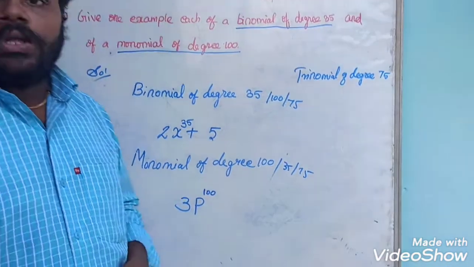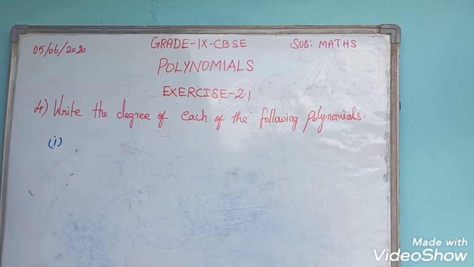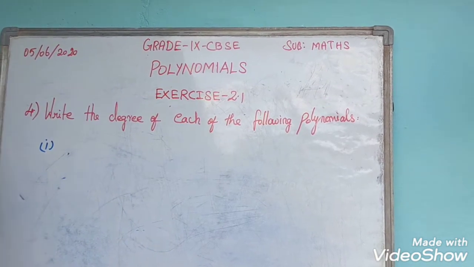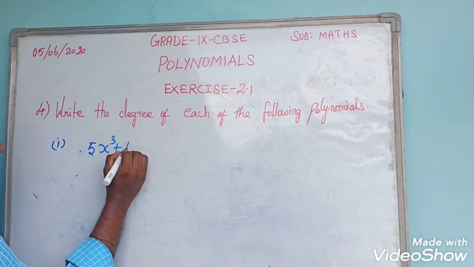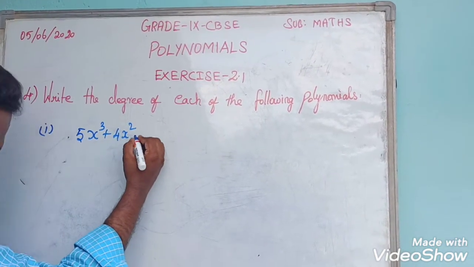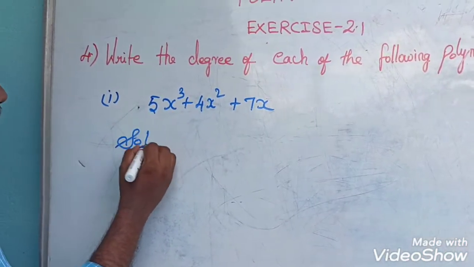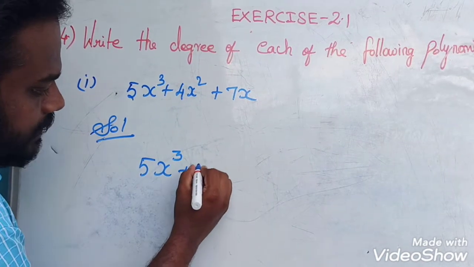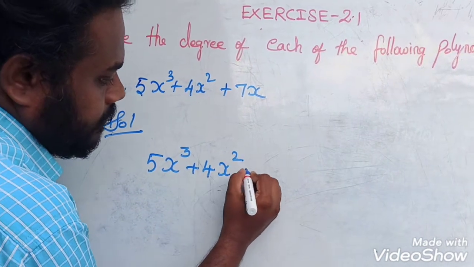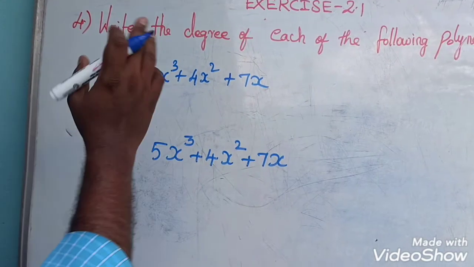Next we move on to Roman letter 4. Fourth Roman: Write the degree of each of the following polynomials. The first question is 5x cube plus 4x square plus 7x. Solution: 5x cube plus 4x square plus 7x. I already told you what is meant by degree.